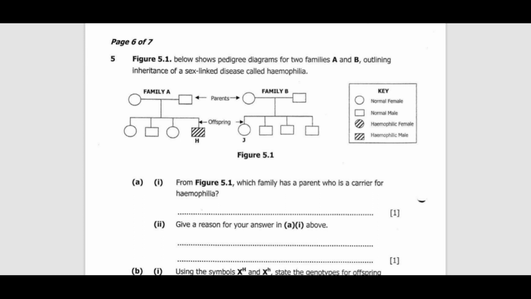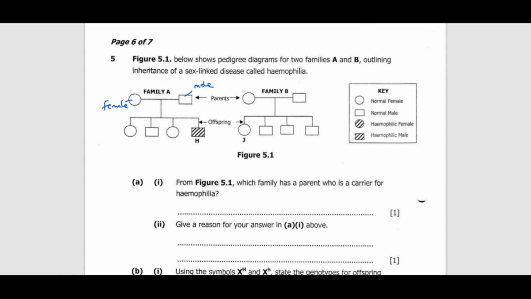So this one, which looks like a 0, is a normal female. So this is female, and then this is male. And then hemophilic female, hemophilic male. Here in family B, everyone seemed to be normal.